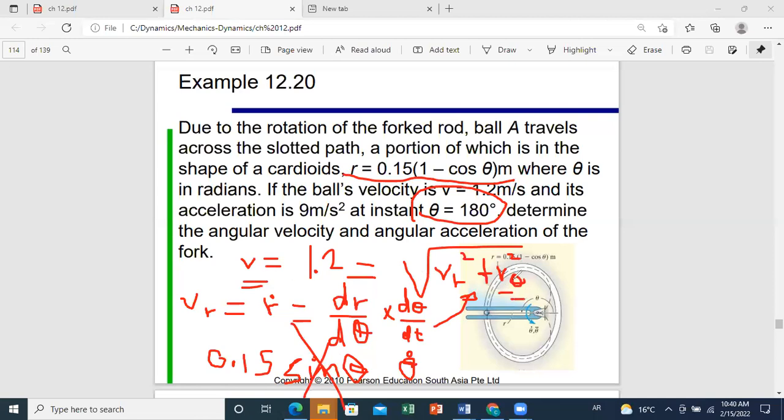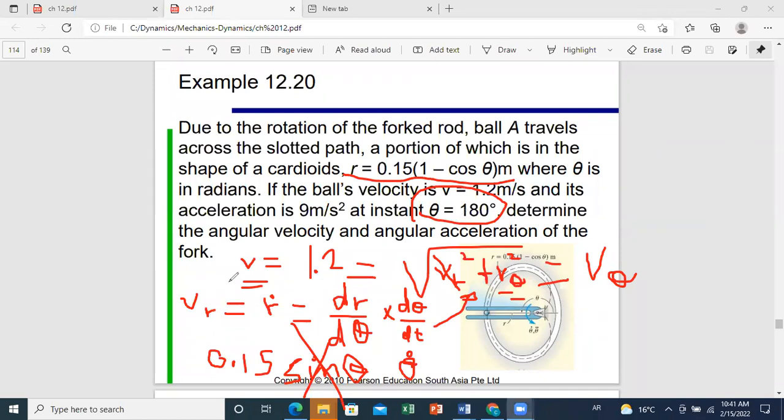But if you take any other angle different than 180, you will have both V_R and V theta. So here it was a particular case where, for this position of 180 degrees, V_R cancels out, and I can say that V is equal to V theta.